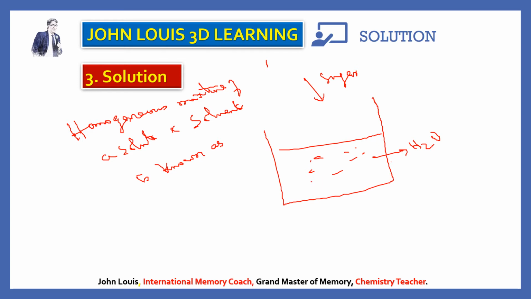So it is a homogeneous mixture. What is meant by homogeneous? For the time being, remember it as uniform, and we will see it in the upcoming slide. For the time being, you can say uniform mixture. So what is a solution? The homogeneous mixture of a solute and solvent is known as solution. Sugar solution, salt solution. We can give lots of examples.